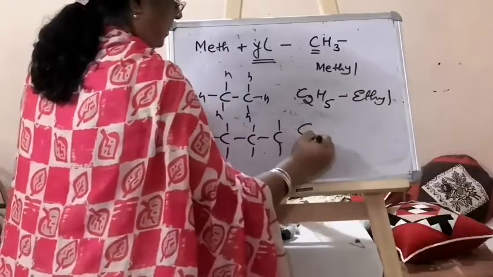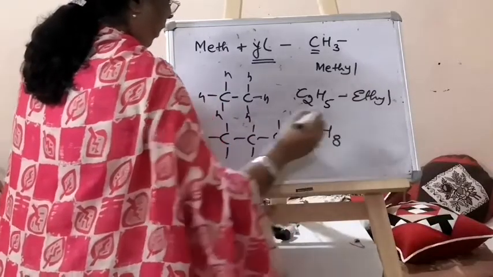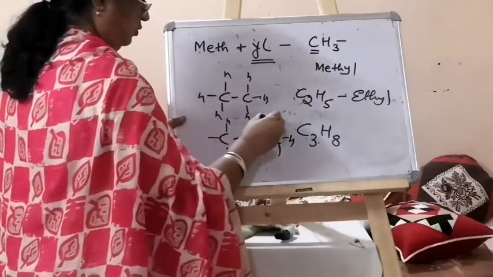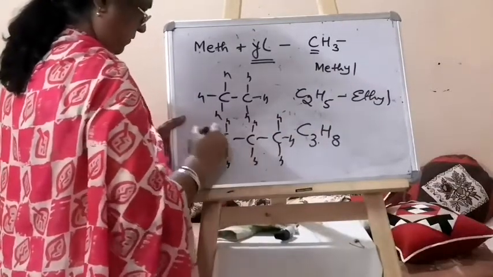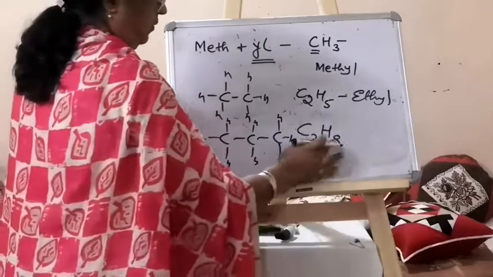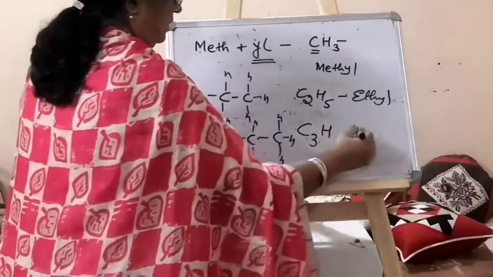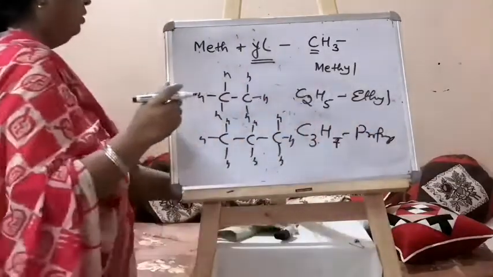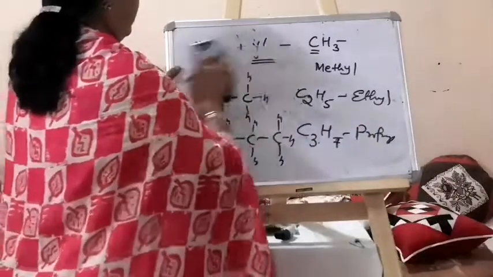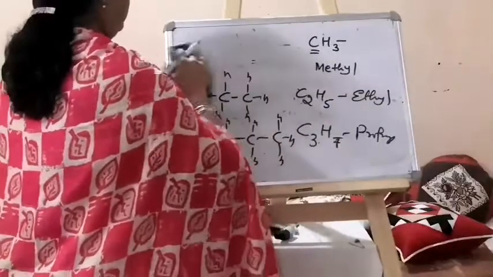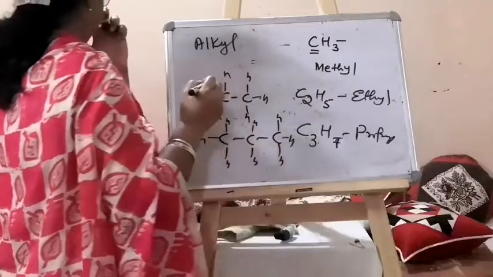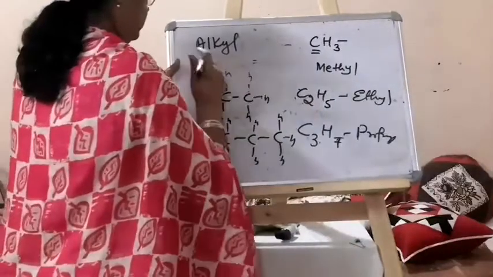If we have C3H8, this is 1, 2, 3, 4, 5, 6, 7, 8. Then it is propane. One hydrogen less, then it is a propyl. So the generic name we have is alkyl. How is it?